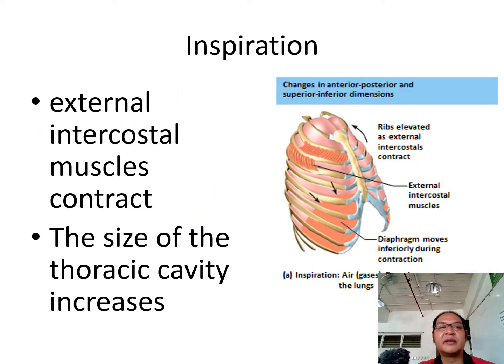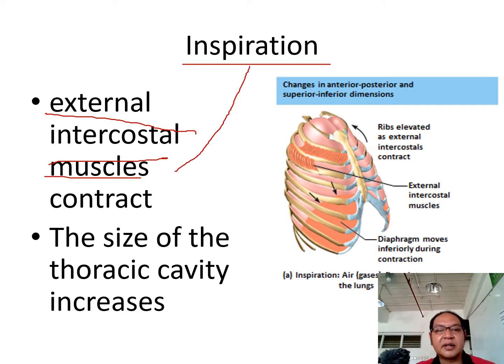Another structure here is the external intercostal muscle. So this is the next muscle. During inspiration, again, take note of the word contract.